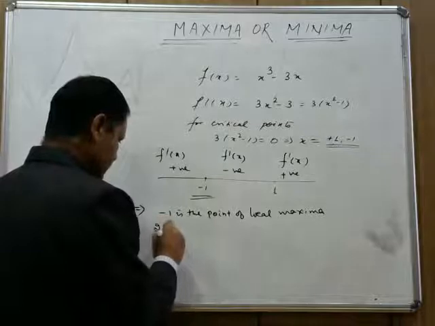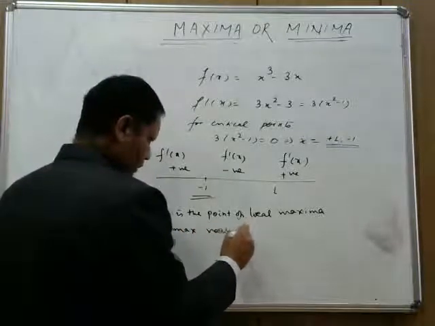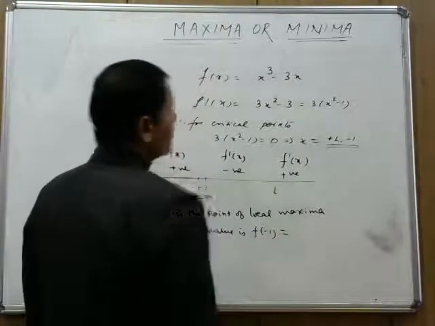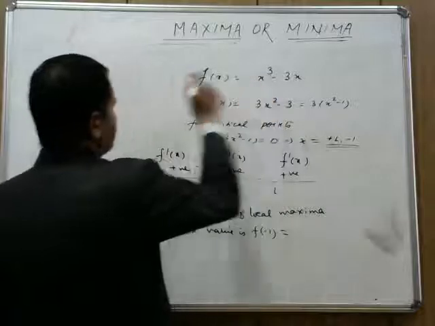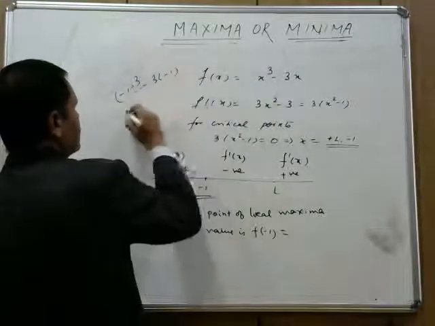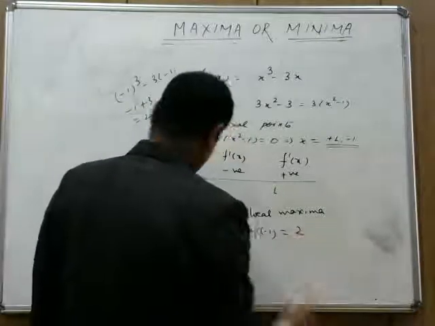and its maximum value is f of minus 1, and f of minus 1 is equal to minus 1 whole cube minus 3 into minus 1, that is minus 1 plus 3, which gives you 2.